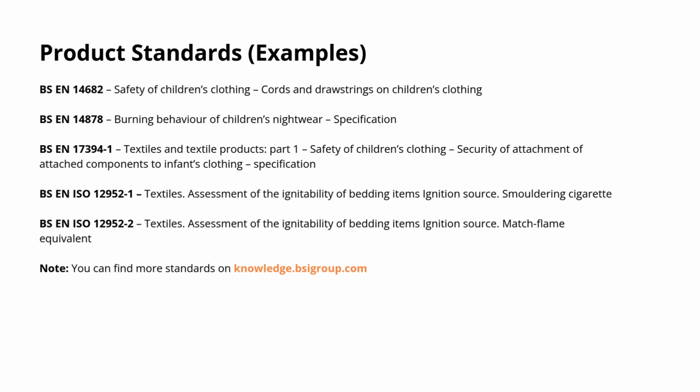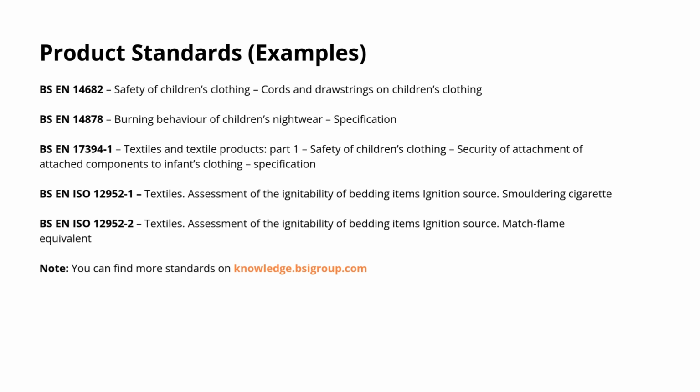As I mentioned, compliance requires that you identify one or more standards for your product, and it can be more than one. Now, when it comes to clothing and textile products, as you can see here, there are a few that apply specifically to children's clothing. But as you can see, there's also some that apply to beddings. Okay.